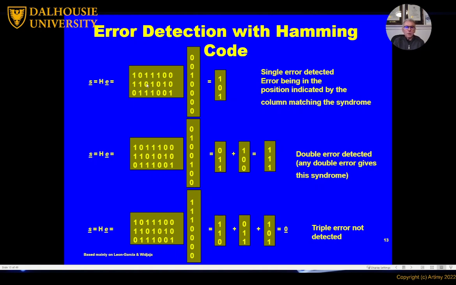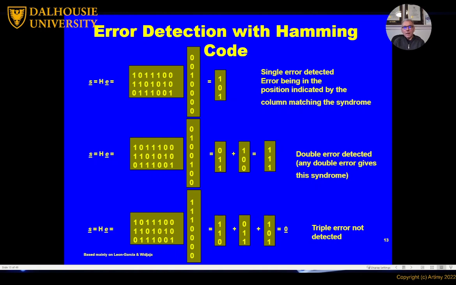So if I know that the error happens in the third column, I can simply flip the bit and return it back to its original form. If the bit was received as 0, I flip it and it becomes 1. Or if it was received as 1, I flip it and it becomes 0. Because somebody tells me that the error is in the third position, I can flip it.